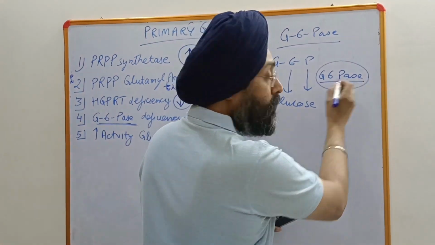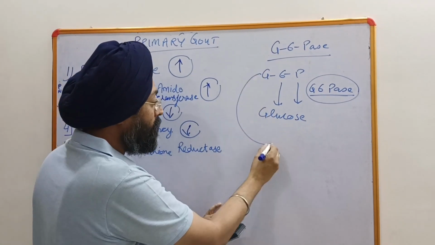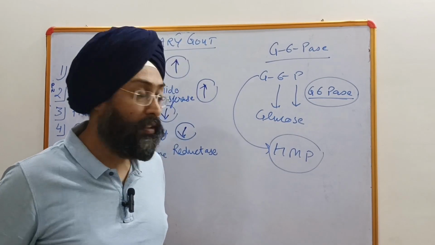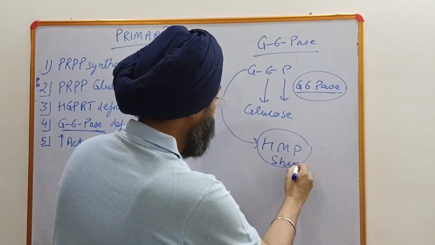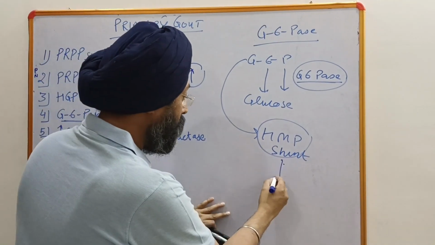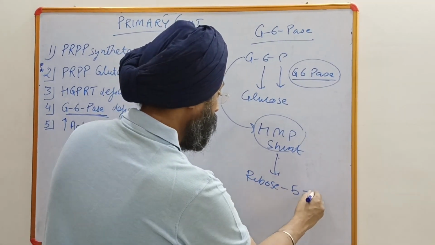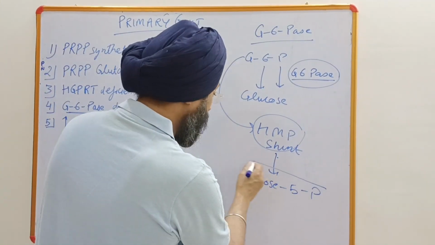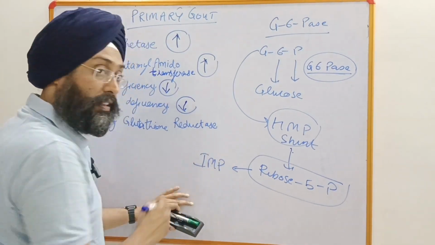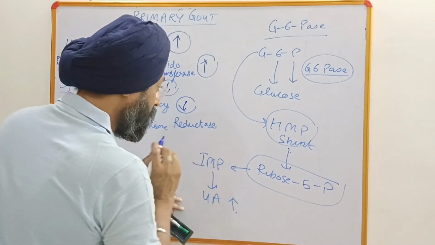So if levels are low, glucose 6 phosphate will not break down to form glucose. So glucose 6 phosphate will enter HMP shunt because it is the precursor of this pathway, right? HMP shunt will lead to the synthesis of ribose 5 phosphate, which will ultimately lead to IMP synthesis, and IMP synthesis will cause increase in uric acid production, right?